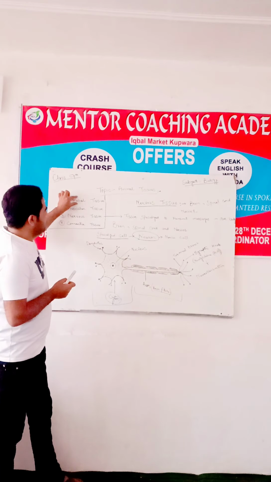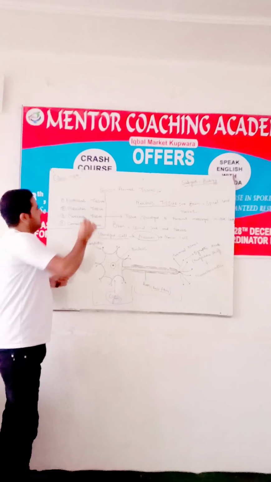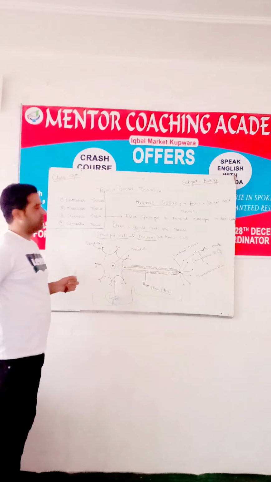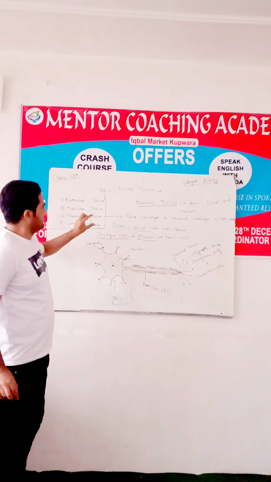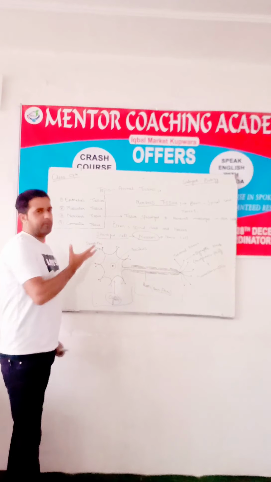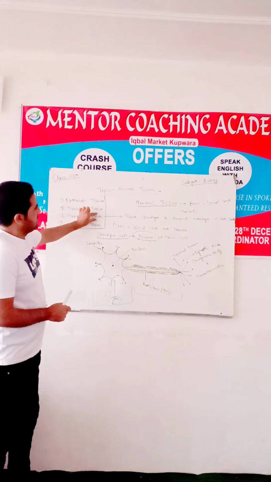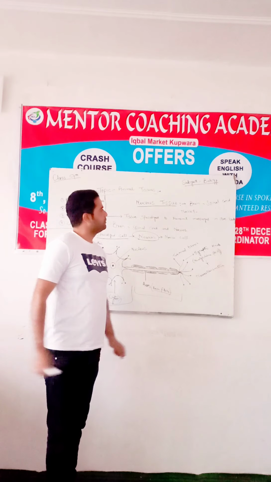The epithelial tissue is made up of epithelial cells. The muscular tissue is made up of muscular cells. In the same way, the nervous tissue is also made up of a special type of cell. So, we will discuss the nervous tissue.